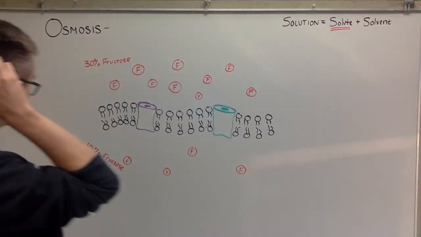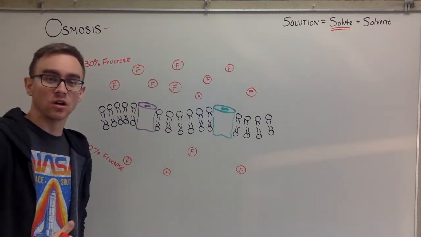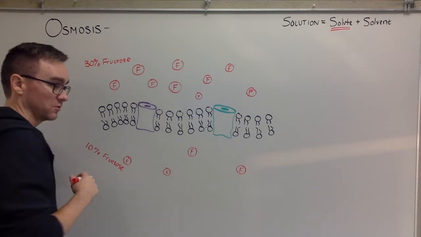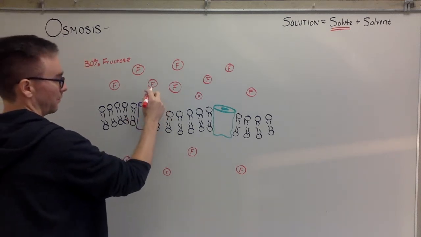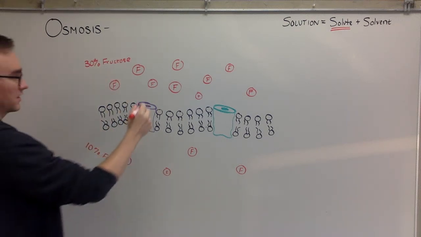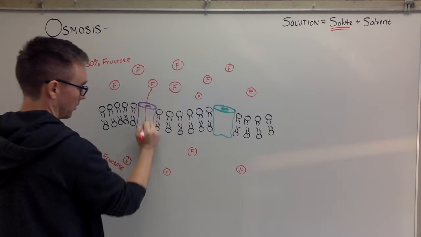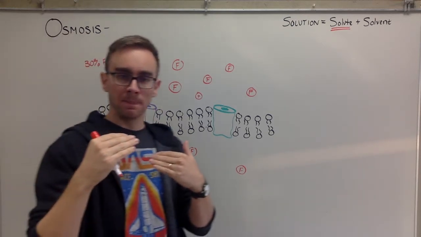Rolling the ball down the hill, all right? So right now, this is a large molecule. Because it's a large molecule, this would be facilitated diffusion because it's going to need a transport protein. That fructose is going to go from high concentration to low concentration.